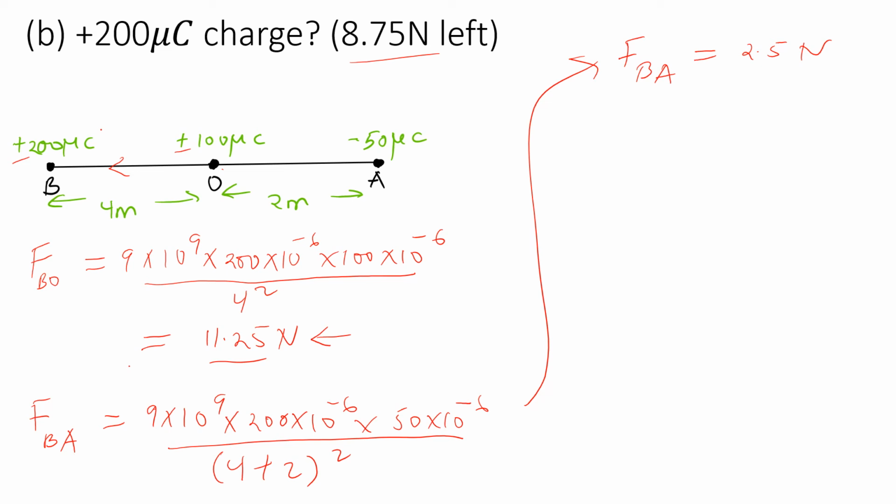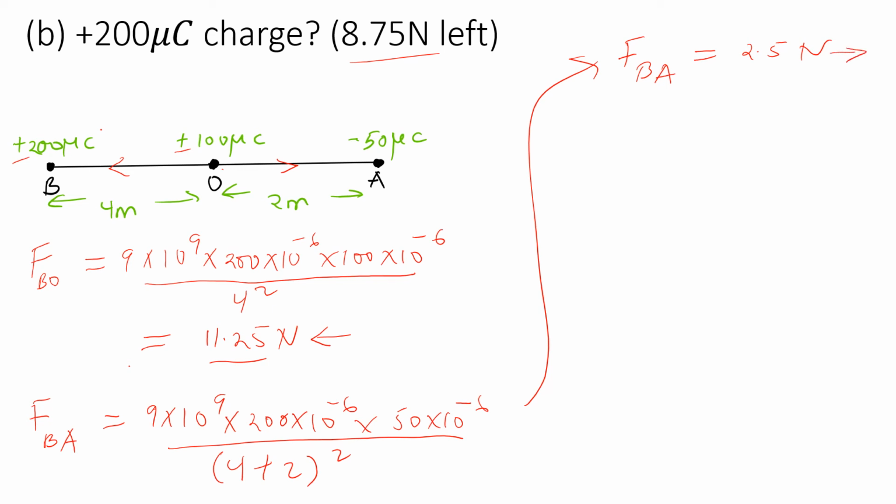So it is B experiencing a force. B is positive and A is negative, so the force between them should be attractive. Because B is attracted to A, that force should be towards A. So towards A, that is to the right. The arrow goes to the right.